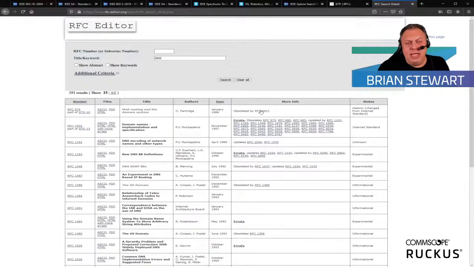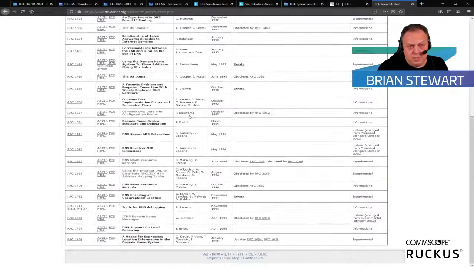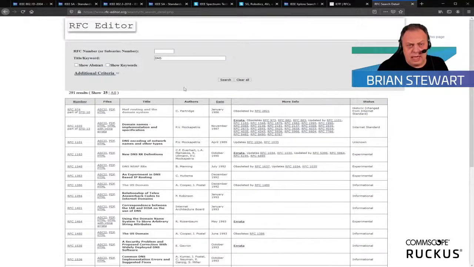So I see right away that this is obsolete. This is no longer the standard for the domain name system, or DNS. So this was obsoleted by RFC 2821. So I don't want to look at anything prior to 2821. I will scroll down in the list, or I can actually just do a search for the RFC number.